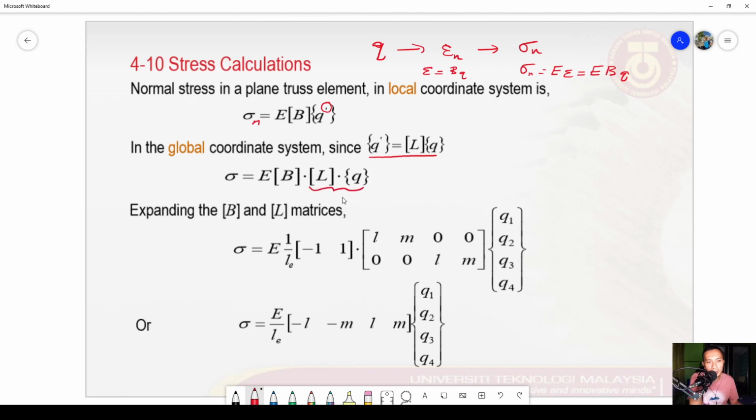So this is actually our Q prime. If we substitute this, then we finally obtain this equation for the normal stress. And again, as we can see here, our normal stress for each plane truss element will depend on the L and M, which require the inclination angle of our element.